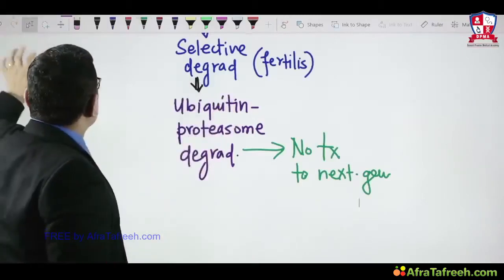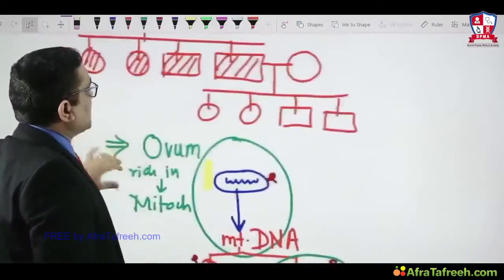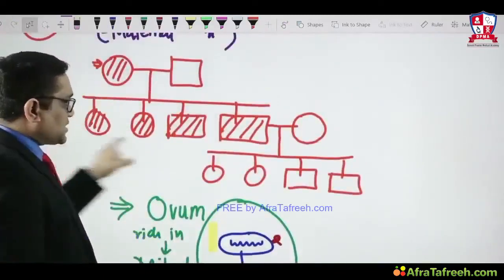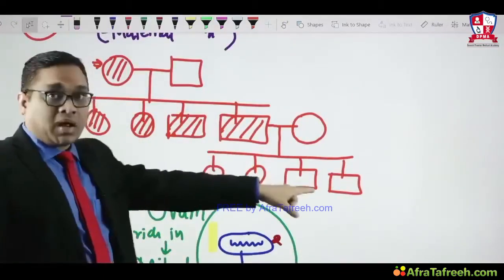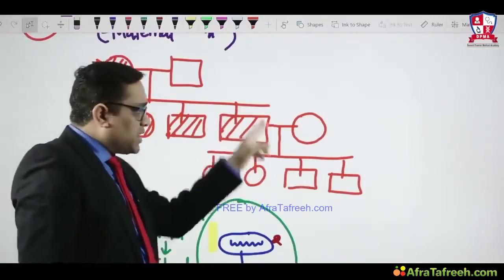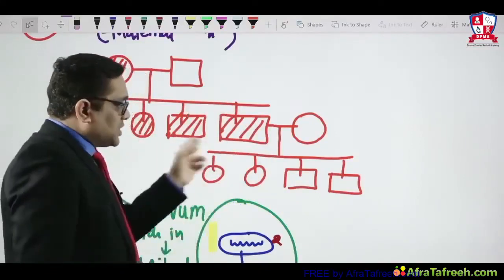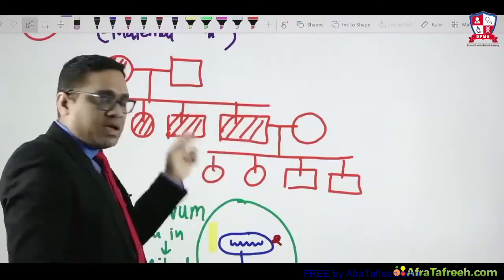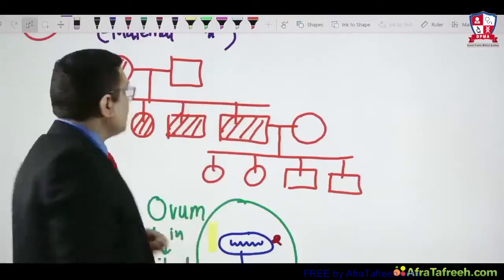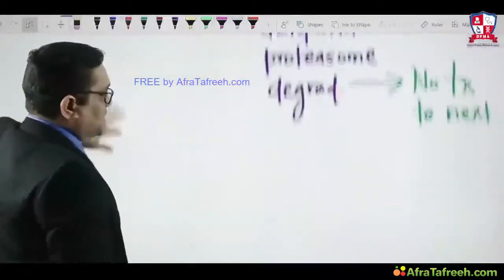Again I am going to show you this pedigree. If you look at this pedigree analysis, you can see the mother is transmitting but the affected father is not transmitting, because the sperm mitochondrial DNA has been selectively degraded by the ubiquitin proteasome degradation pathway. These are the important points.